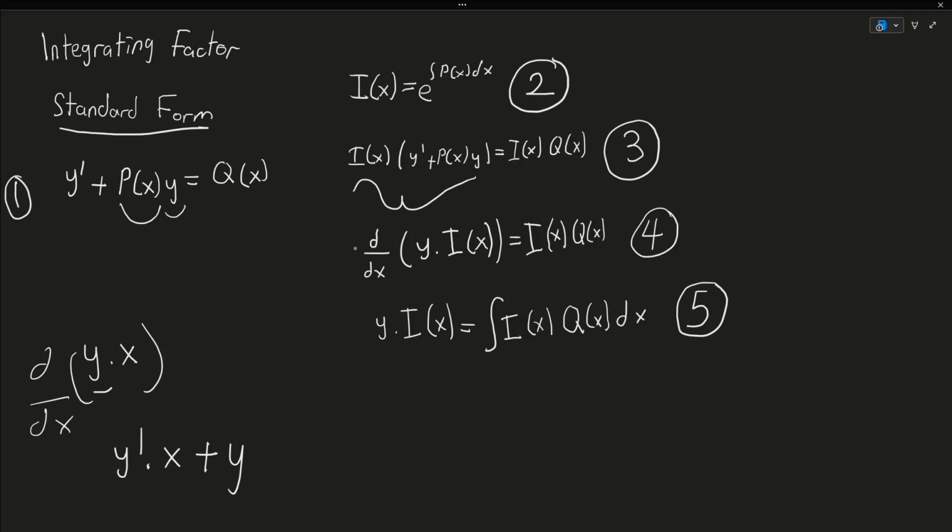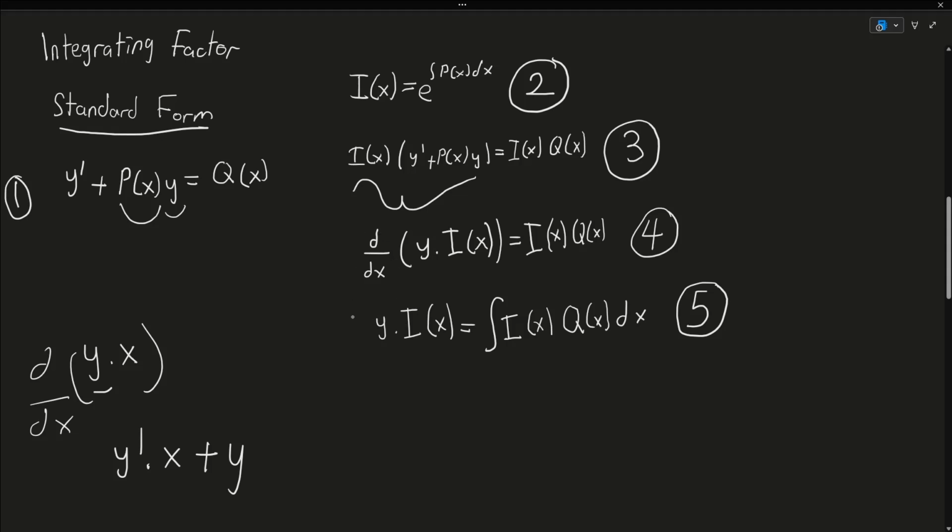If you're not getting the derivative of this product, then you must have done something wrong with the integrating factor or the multiplication. We will cover this in more detail with more examples. On the right hand side, you have I of x times q of x. Remember guys, solving the differential equation means you want to solve for y, to find what y is.